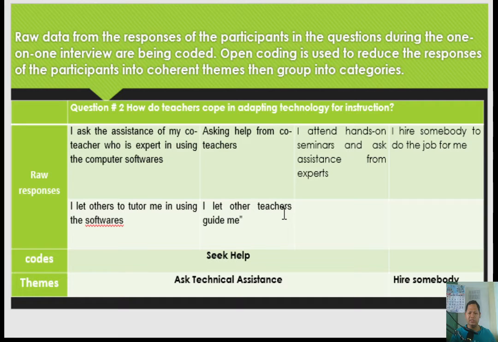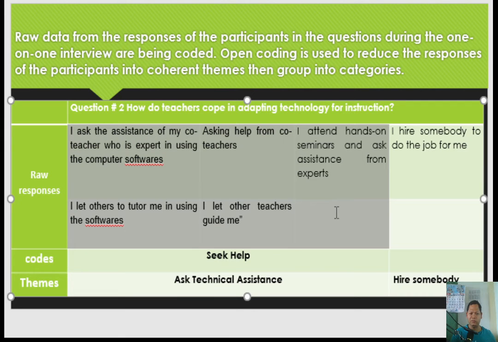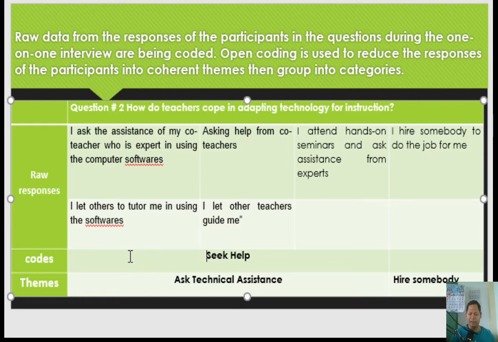Next, asking help from co-teachers. Next, I let other teachers guide me. And next, I attend hands-on seminars and ask assistance from experts. Based on these responses, I give the code seek help. So that is my code.